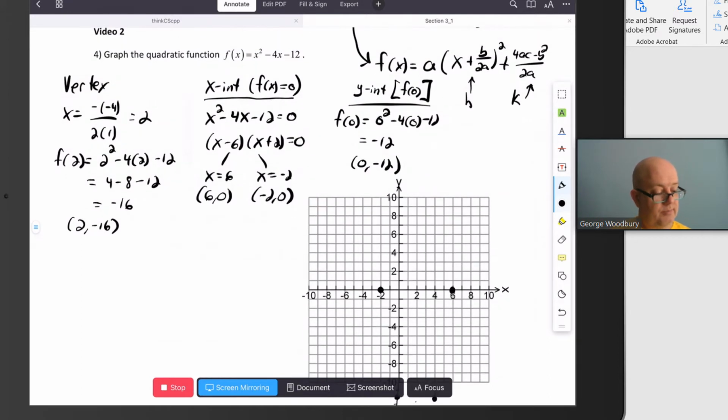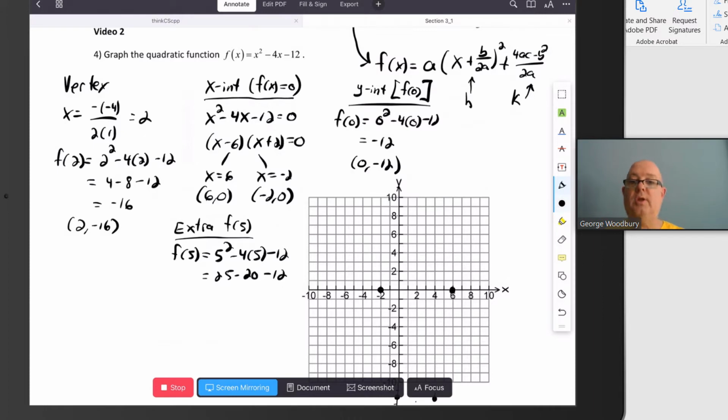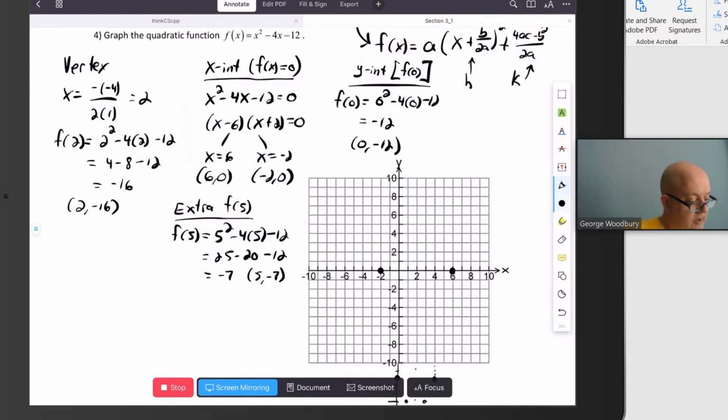So I'm just going to call this extra, and I'm going to find f of 5. f of 5 equals 5 squared minus 4 times 5 minus 12. That is 25 minus 20 minus 12, or negative 7. So 5, negative 7 is on the graph of this function.